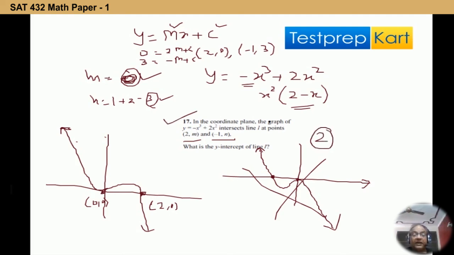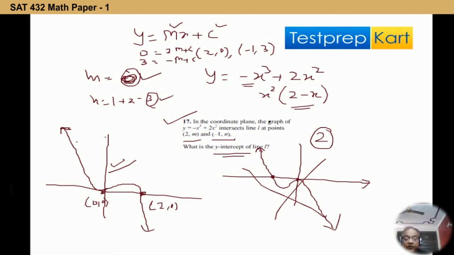Let me explain once again. The graph of this particular curve intersects the line L at the points 2, m and minus 1, n. What is the y-intercept of this line? If my equation of the line is y equal to mx plus c, I have to find the value of c.